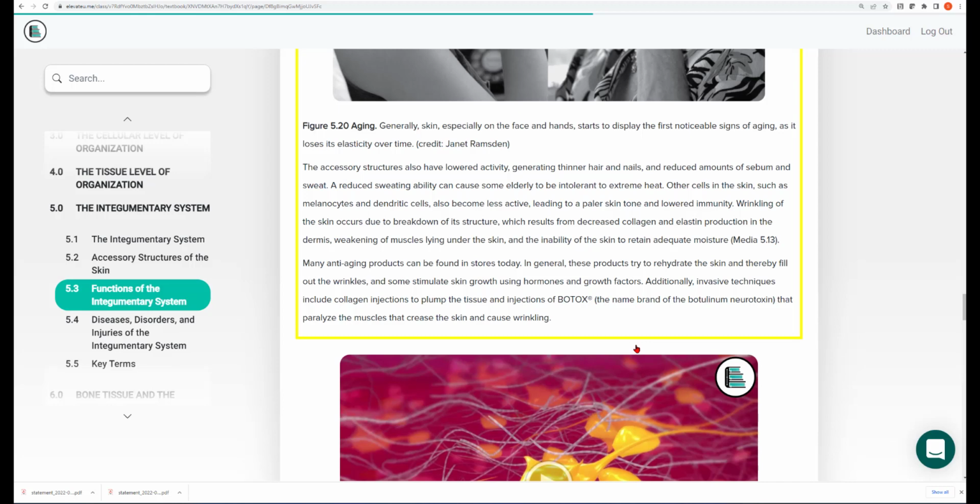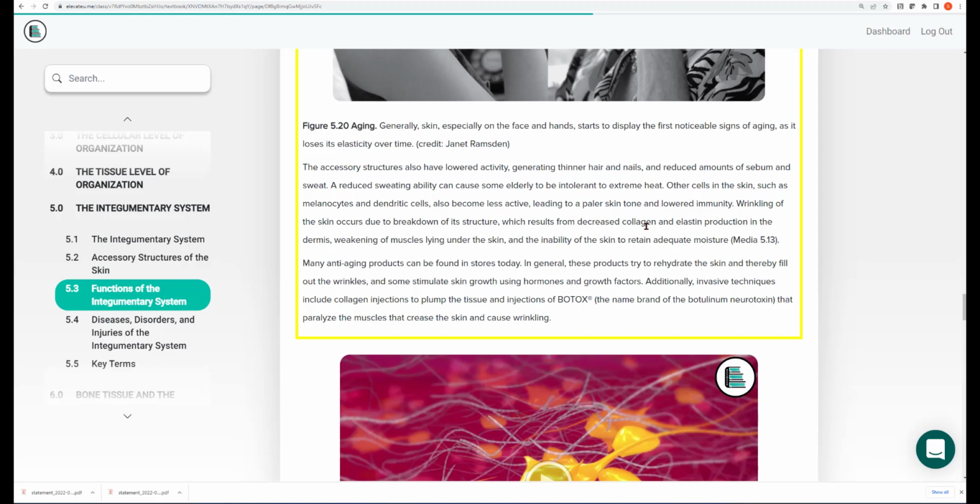And so the collagen production decreases, the elastin protein production decreases. This leads to thinner skin that is not as strong and is not as elastic. And then finally, within the skin, there are fewer Langerhans cells. And so we have lowered immunity function as well.